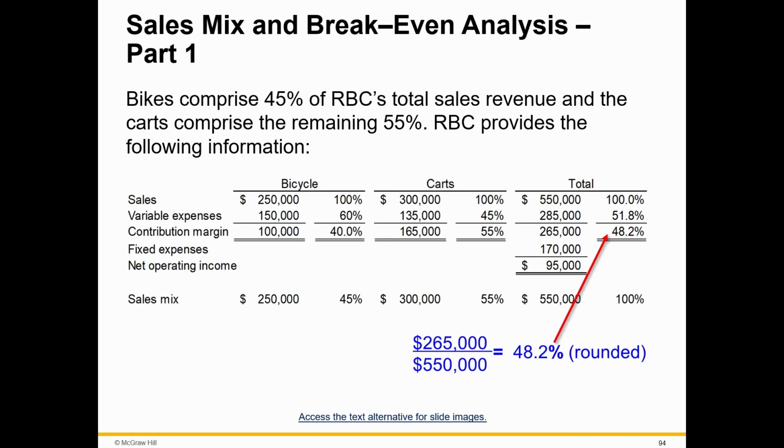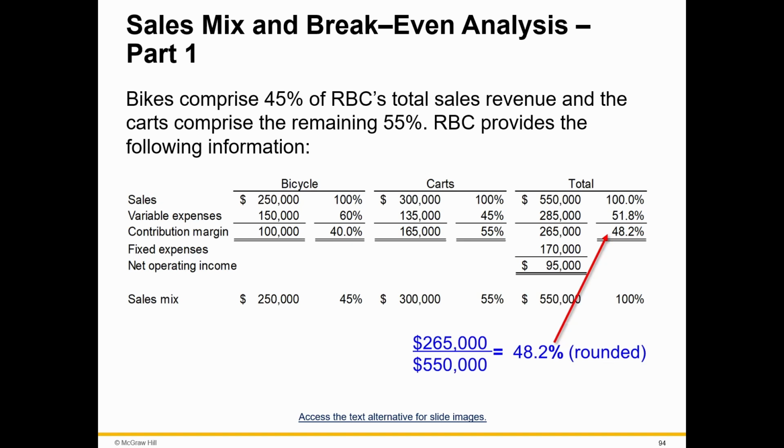So assume that RBC sells bikes and carts. The bikes comprise 45% of their total revenue, and the carts comprise the remaining 55%. And so the contribution margin for both products combined would be 48.2%. We can calculate that for the bicycles and for the carts, and then average those two together to get what it would be for the total.